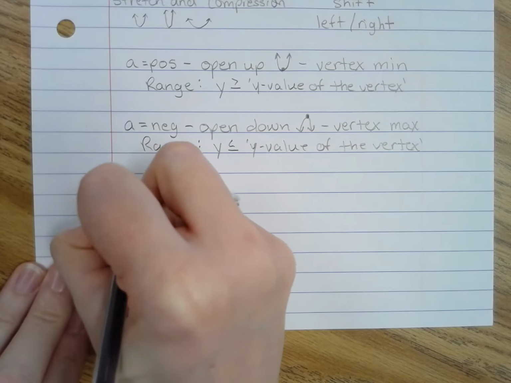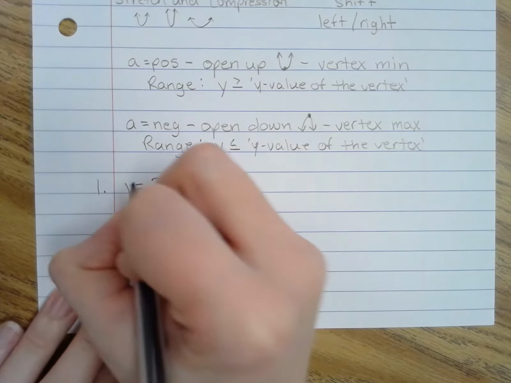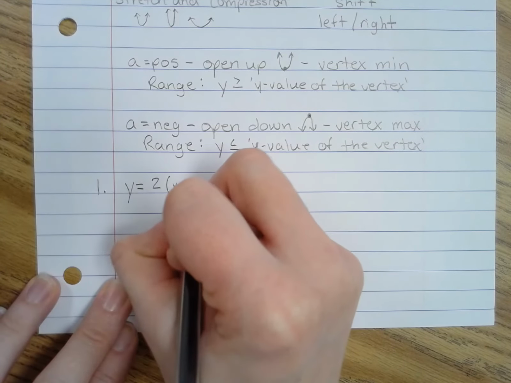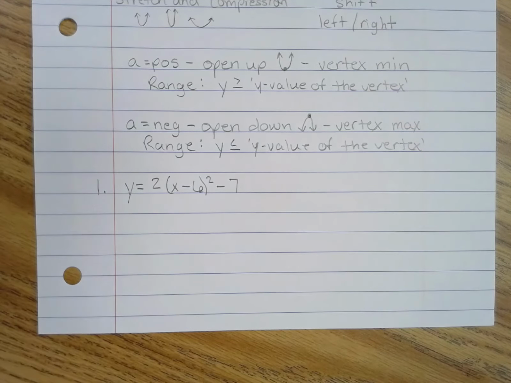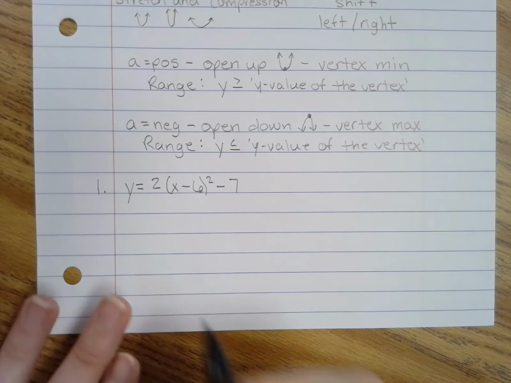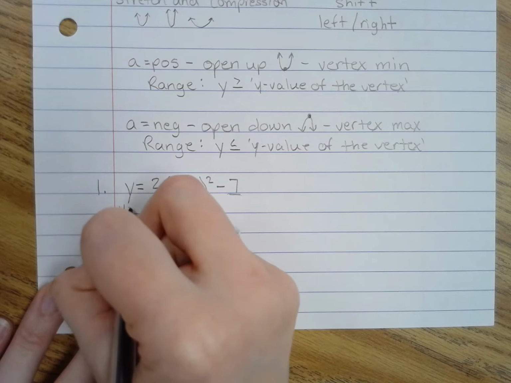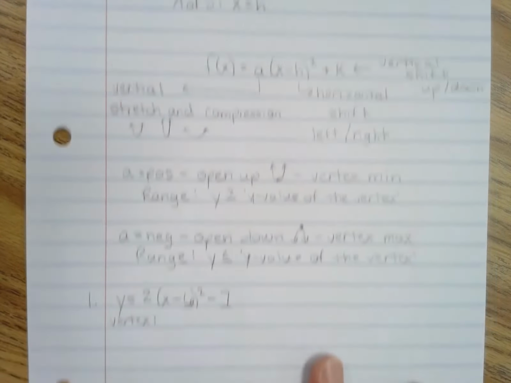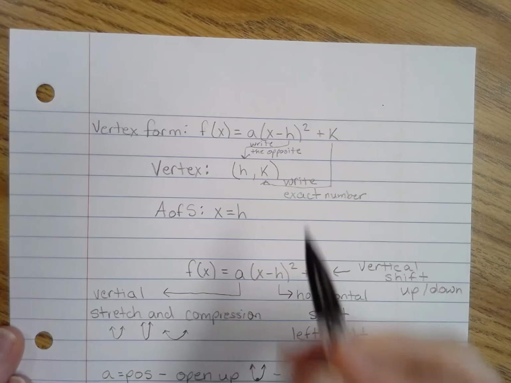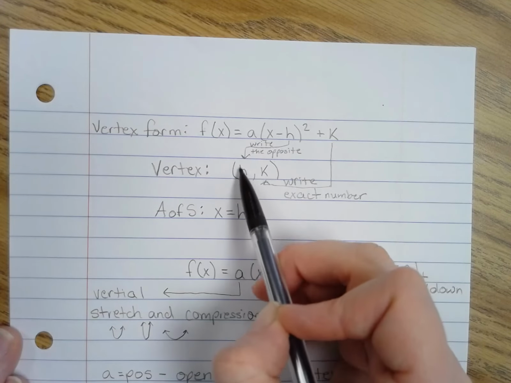Here we have y equals 2 times (x minus 6) quantity squared, minus 7. So notice that this equation is already in vertex form. We can look at our h, k to identify the vertex. So recall from the beginning of our notes, when we look at our function, if it says minus h, that's exactly what we need.